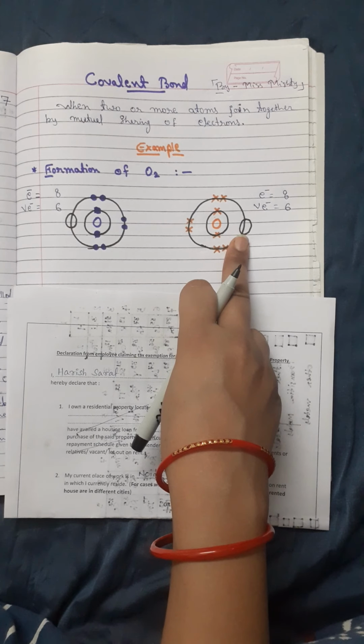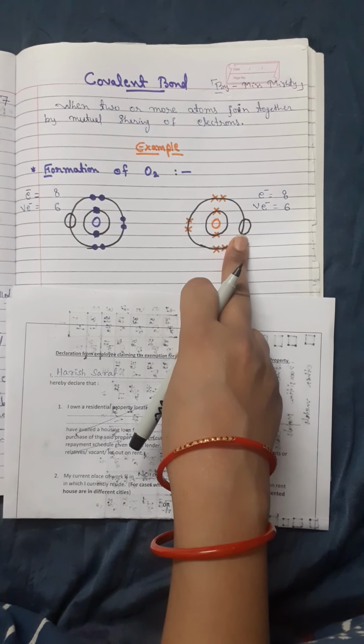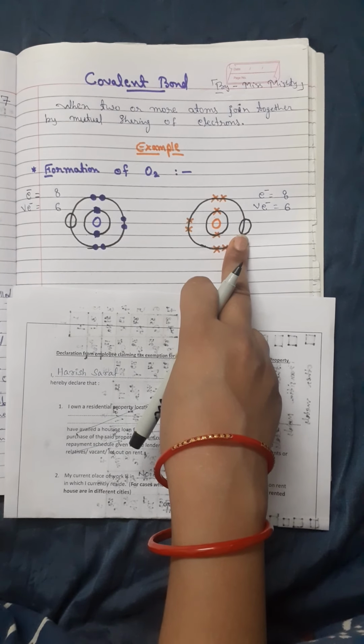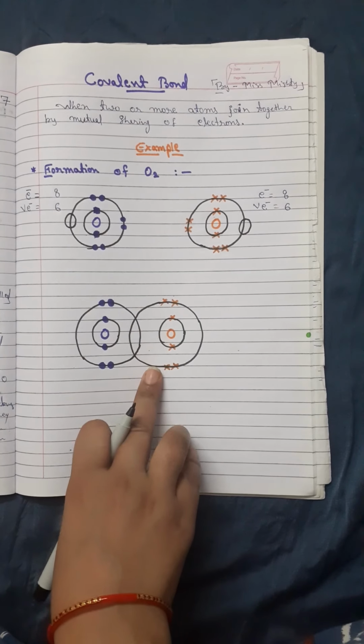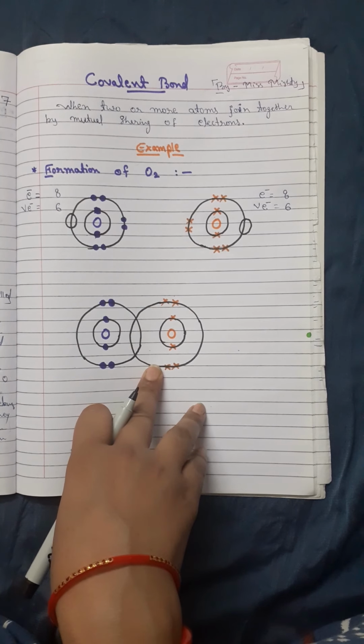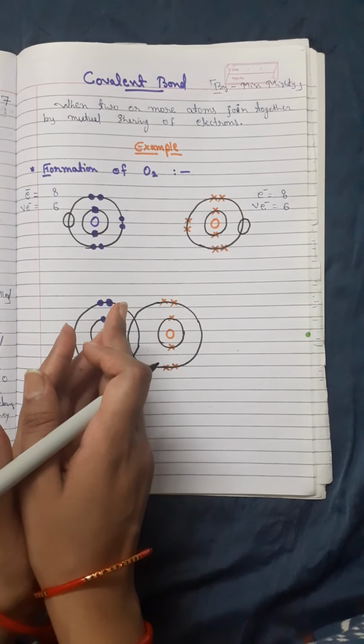Now, to stabilize themselves, these two atoms come together and mutually share two electrons.